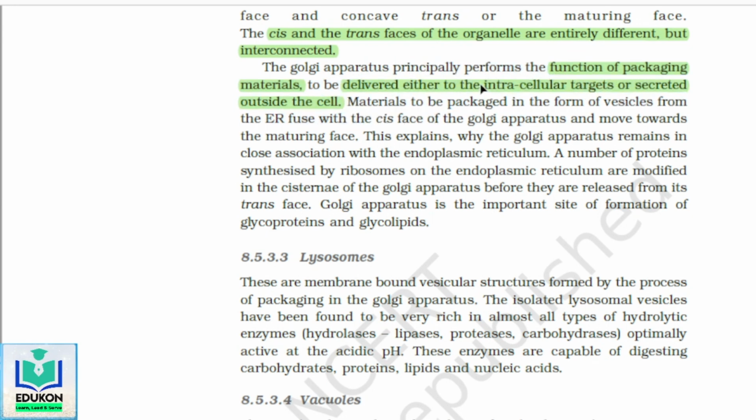The delivered material is released into the cytoplasm, from where it reaches intracellular targets or is secreted outside the cell. The materials to be packed, in the form of vesicles from the ER, fuse with the cis phase of the Golgi complex and move towards the maturing phase.